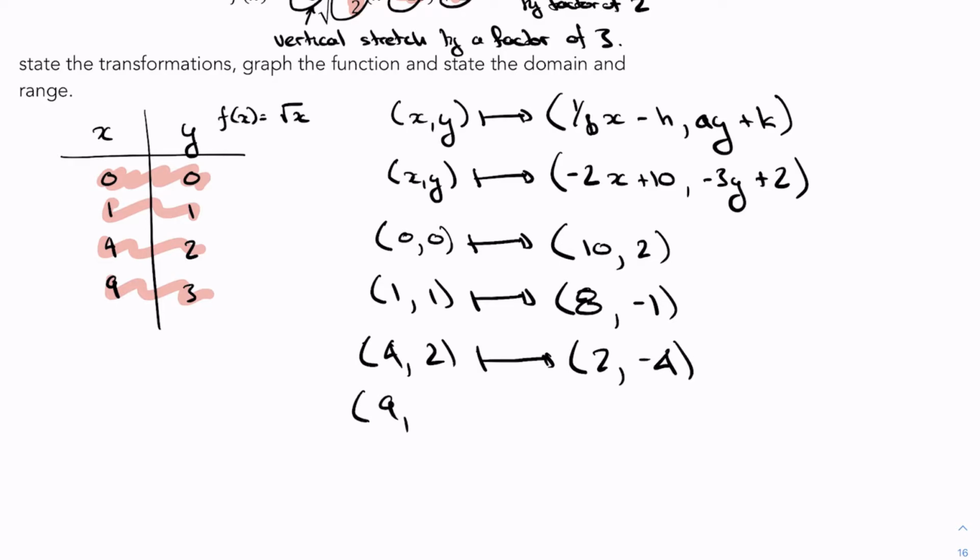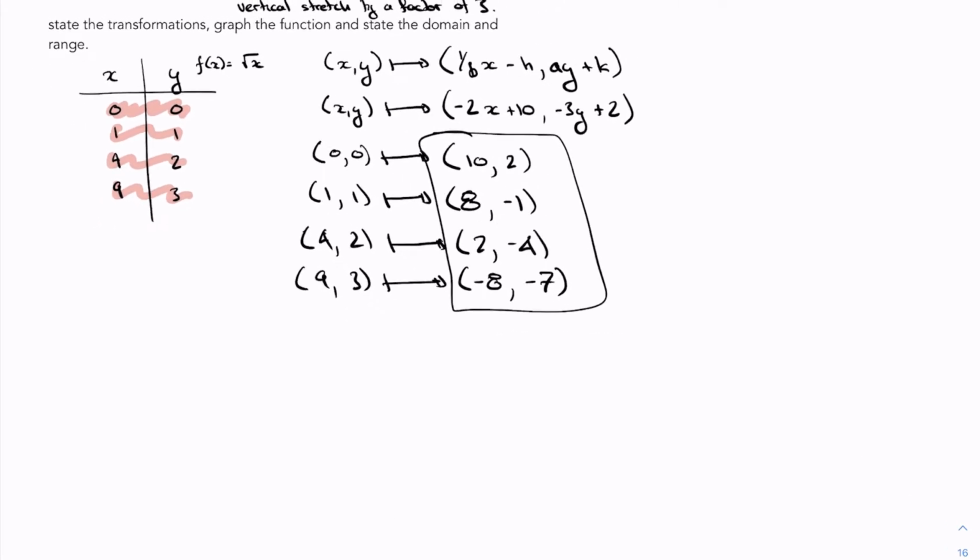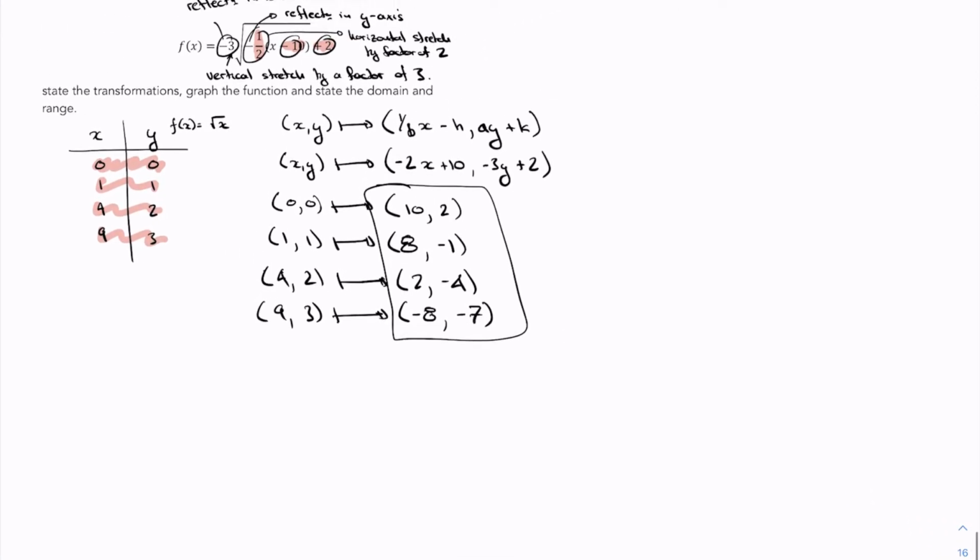And finally 9 comma 3 is going to map to the point negative 8 comma 9 plus 2, that'll be negative 7. So the points that we're left with on the right-hand side are what's going to be our transformed equation. Let's roughly sketch these out.